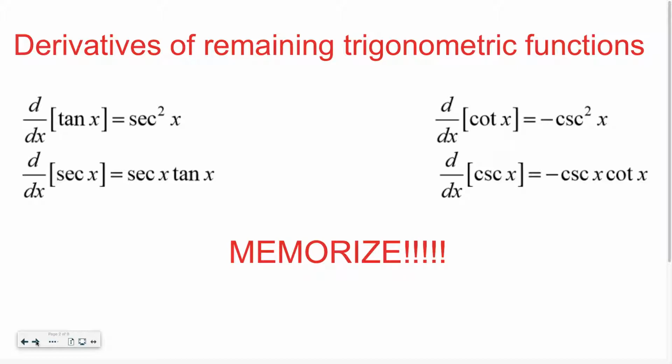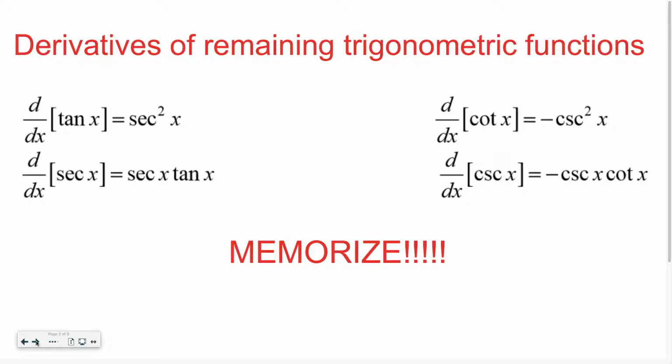Are you seeing a little bit of a relationship or a pattern? There are similarities between the derivatives of tangent and cotangent, as well as the derivatives of secant and cosecant. Do you see that?